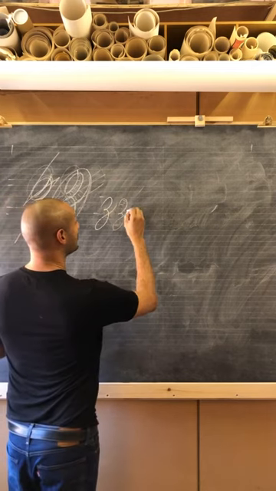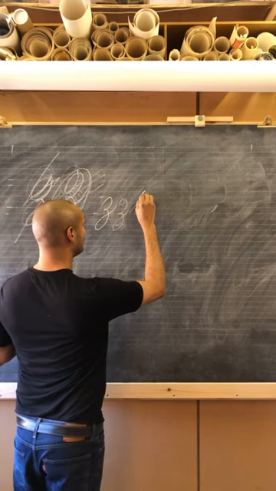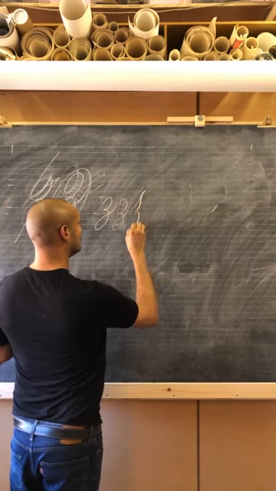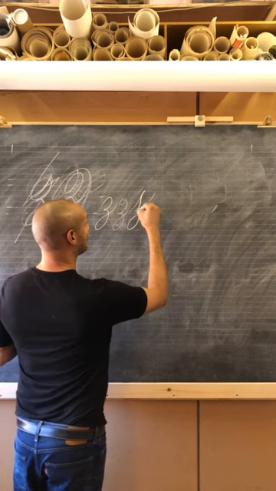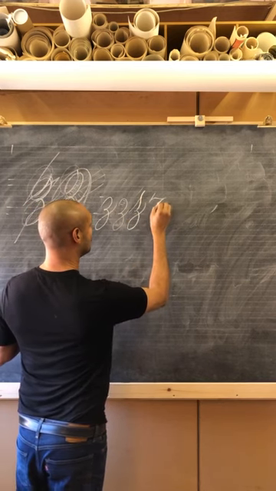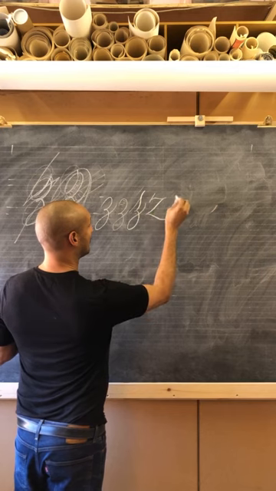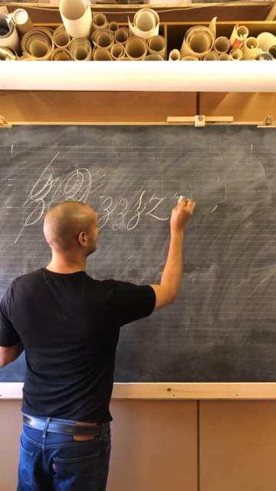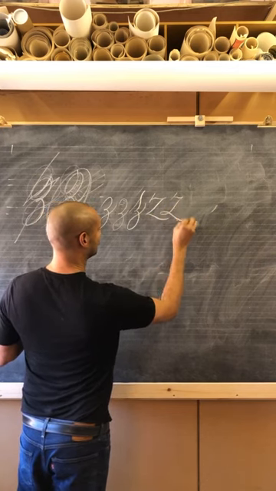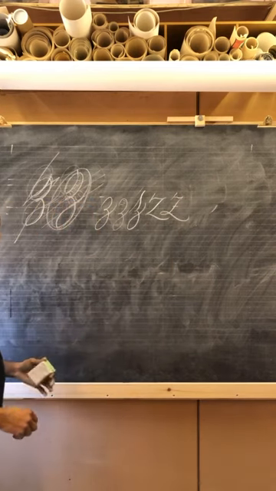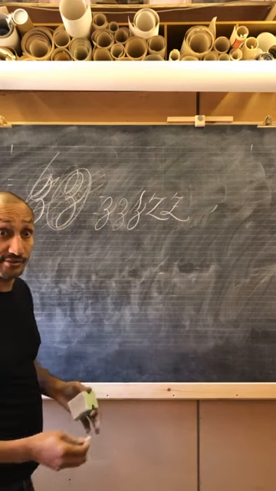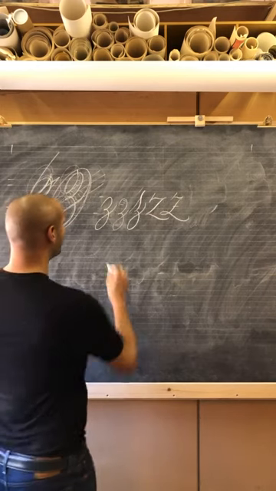Now, the Germans have this Z. We also have this Z, and we have this Z. You have lots of choice, but look at the balance.